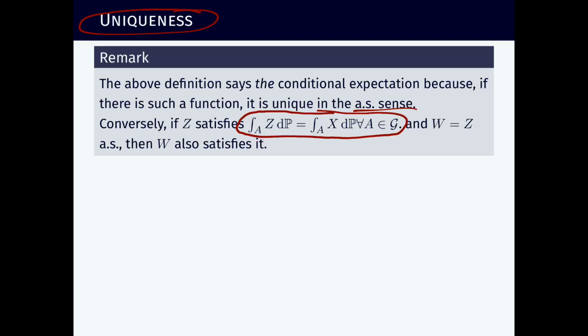If Z satisfies this condition and Z is G measurable, then any other random variable satisfying these two conditions, this is condition number 1, this is condition number 2, will have to coincide with Z. And this is what's being stated here.